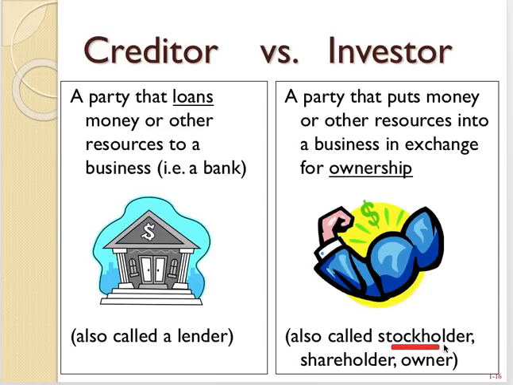So other words we use are stockholder, because like I said, the term is common stock. Stock means ownership in a business. So if you're a stockholder, it means you hold ownership in the business. You'll also see the word sometimes shareholder or just simply owner. Okay, but they all mean the same thing. Investor, stockholder, shareholder, owner all mean the same thing.